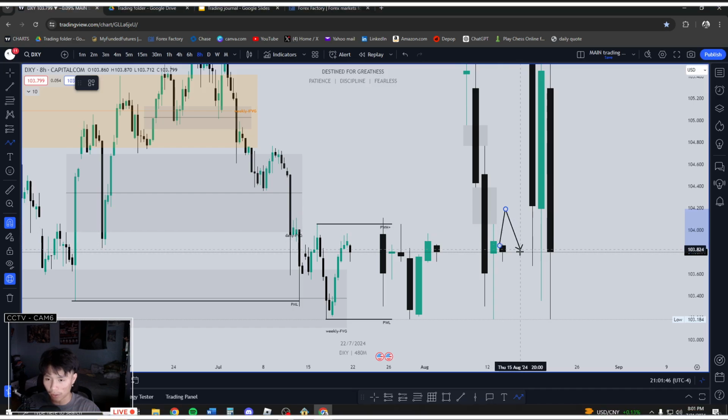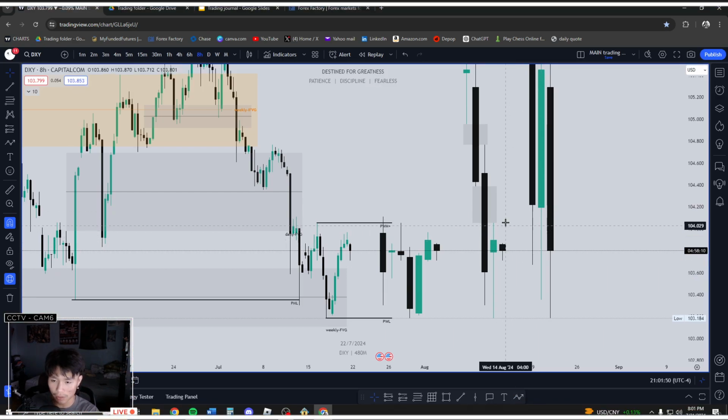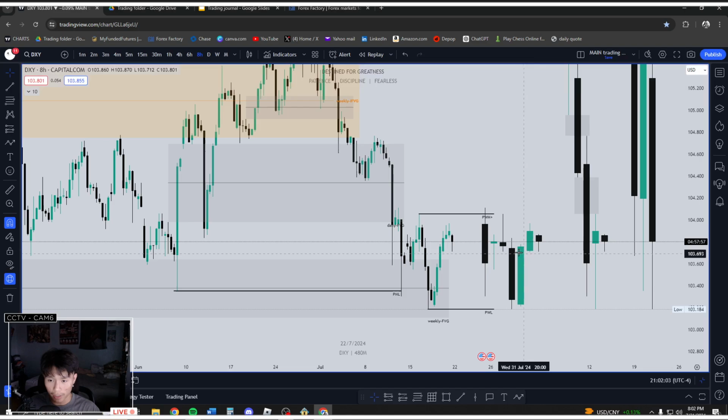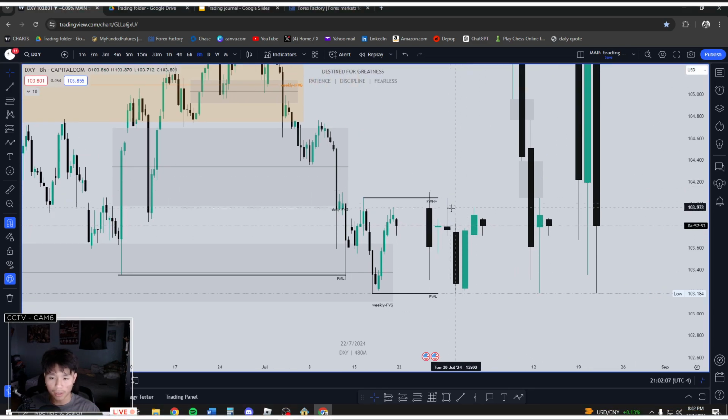I don't know if we're going to respect it, or if we come into the weekly fair value gap and we don't respect it, and we get a complete rebalance of the fair value gap. That, to me, I don't really care for, but I am anticipating for us to take out previous week's high on the dollar here, and I'm bullish on the dollar.